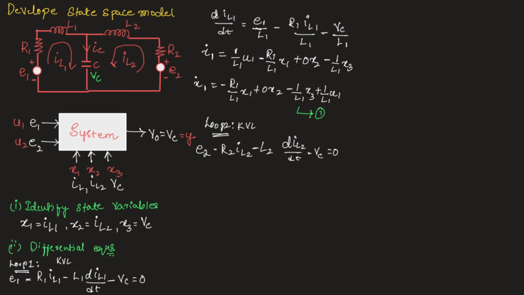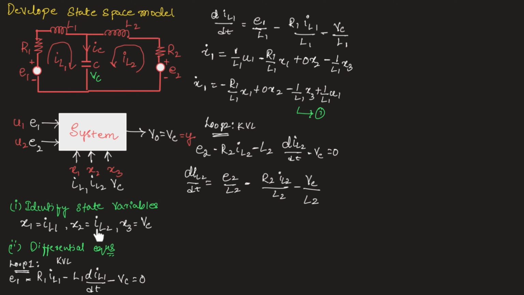So from this equation, let us write the expression for dIL2 by dt. So we can write dIL2 by dt is equal to E2 by L2 minus R2 IL2 by L2 minus Vc divided by L2.